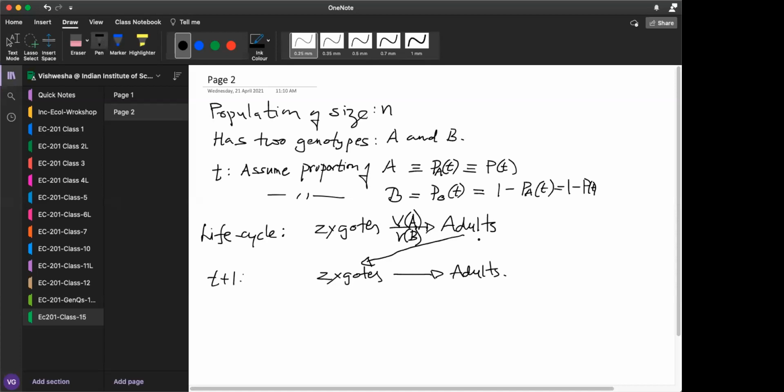Only some of them are, and they are VA and VB for the two genotypes. And let's assume that once they have become adults, every one of them produces Z zygotes.